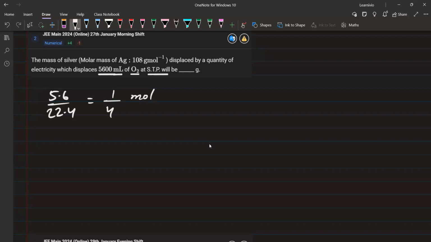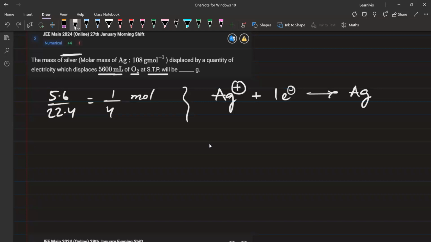Okay, so you have got 0.25 moles of oxygen. They're asking the mass of silver displaced by quantity. So what equation do you have to make? You have to make Ag. Generally, the common oxidation state of Ag is Ag positive. It will require one electron to give you Ag. So this is the reaction that is happening here.